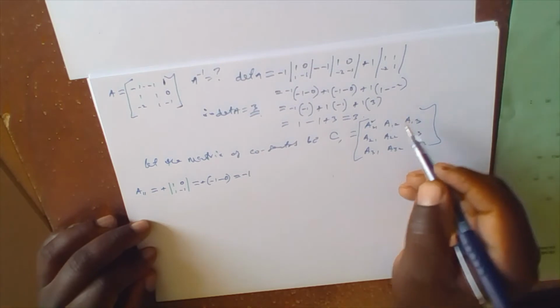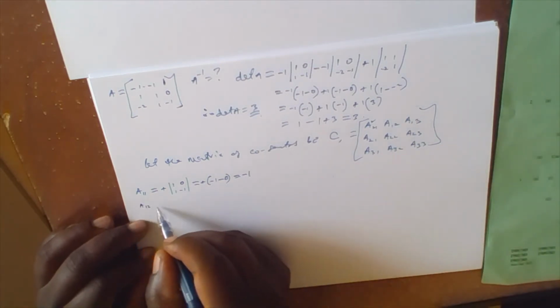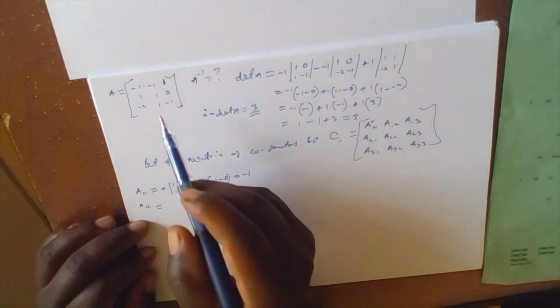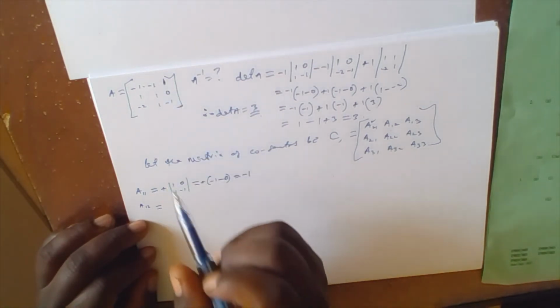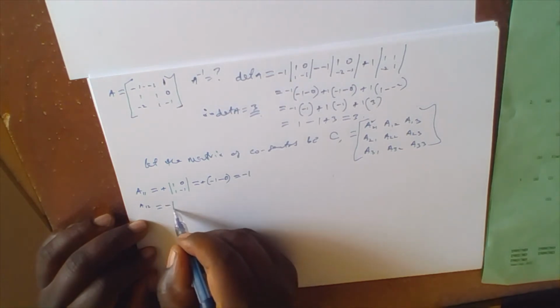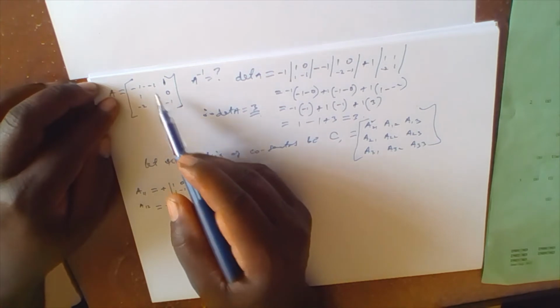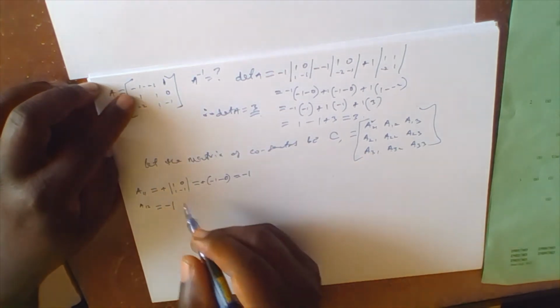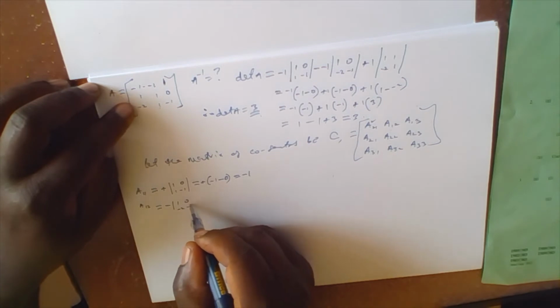So we have this. We can move on to get A12. The place sign of this element is negative, and the minus of this, we block this column and this row, so we have 1, 0, negative 2, negative 1.